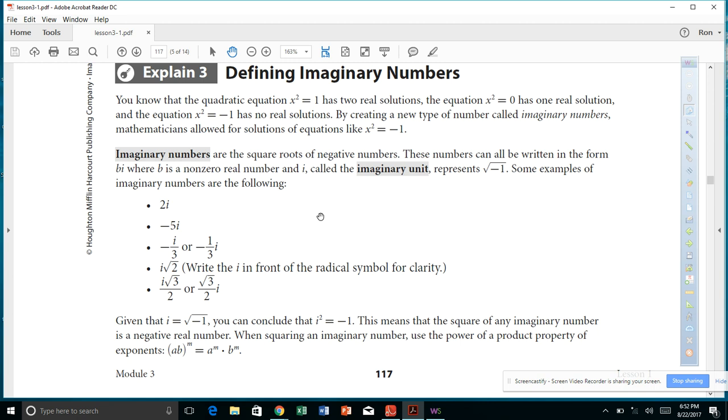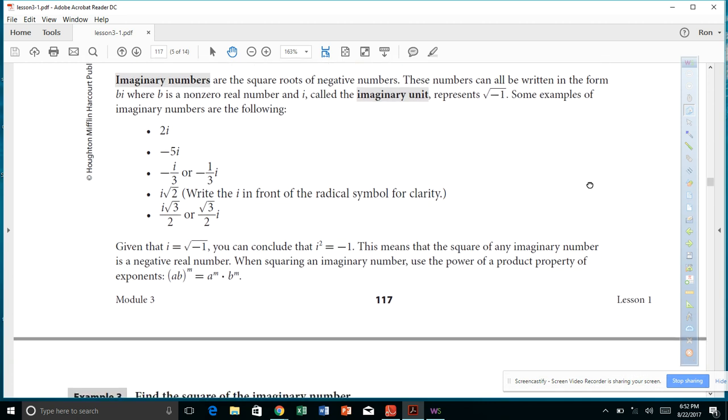Imaginary numbers are the square roots of negative numbers. These numbers can be written in the form b times i, where b is a non-zero real number, and i, called the imaginary unit, represents the square root of negative 1.